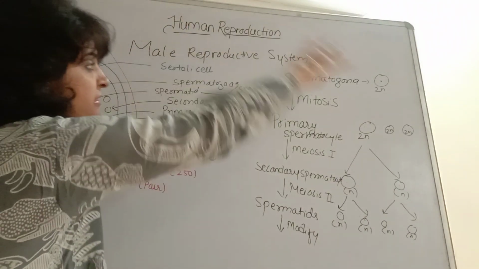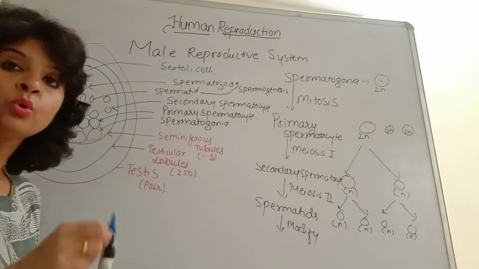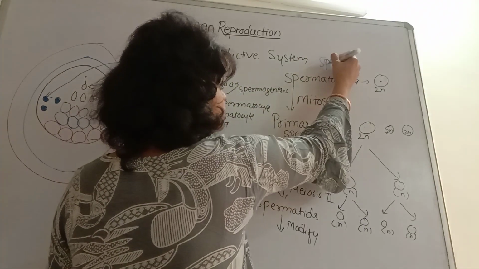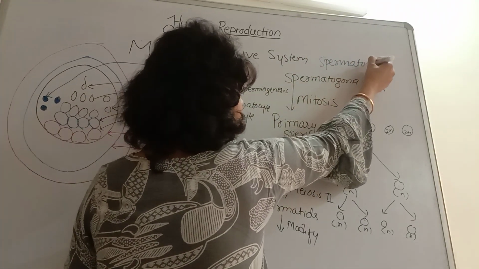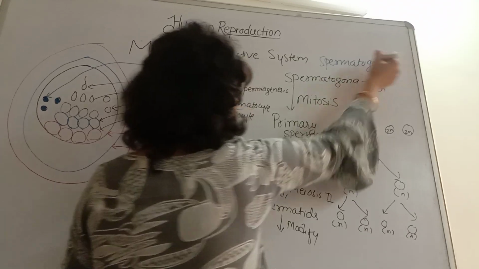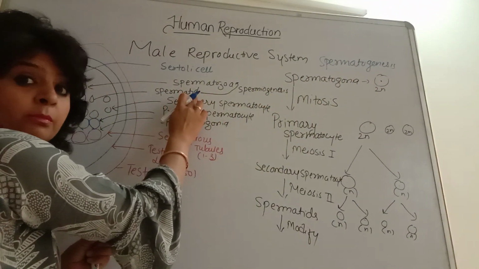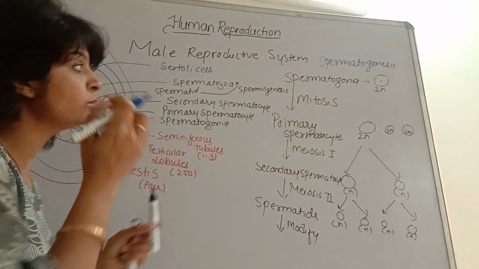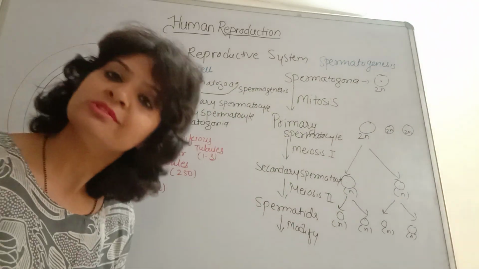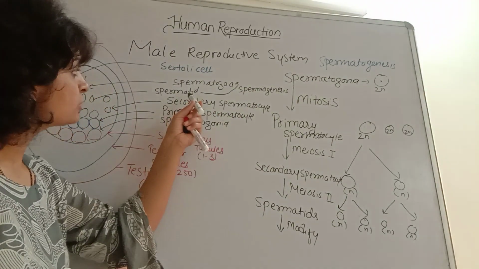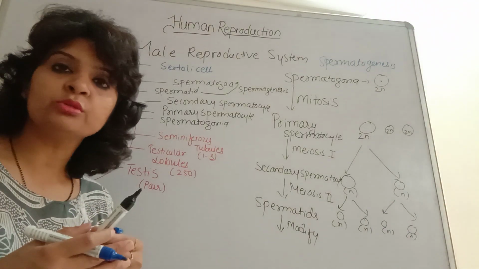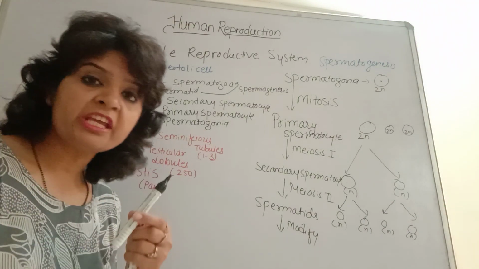The whole process that we are discussing is known as spermatogenesis, and only the process where spermatids get converted into spermatozoa is termed spermiogenesis. When spermatids are getting converted into spermatozoa, some change is required.